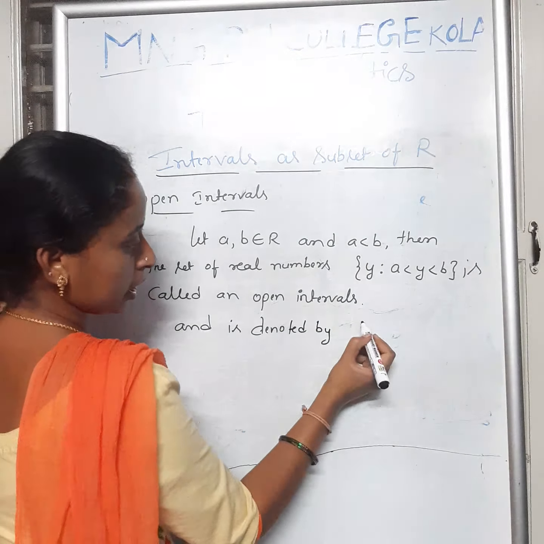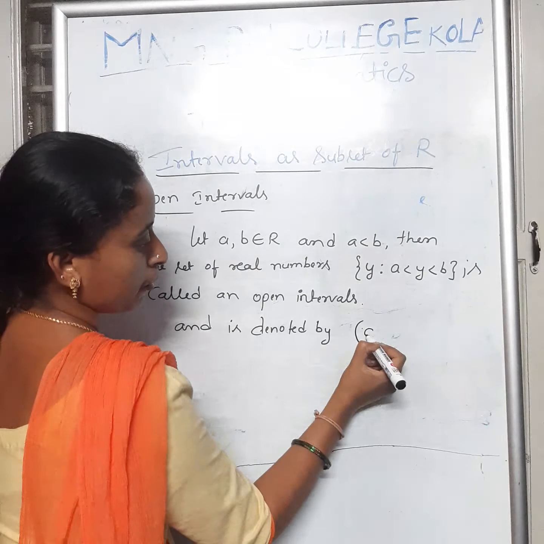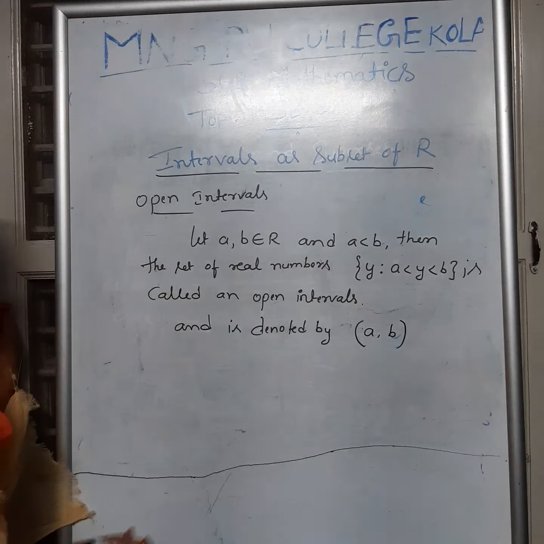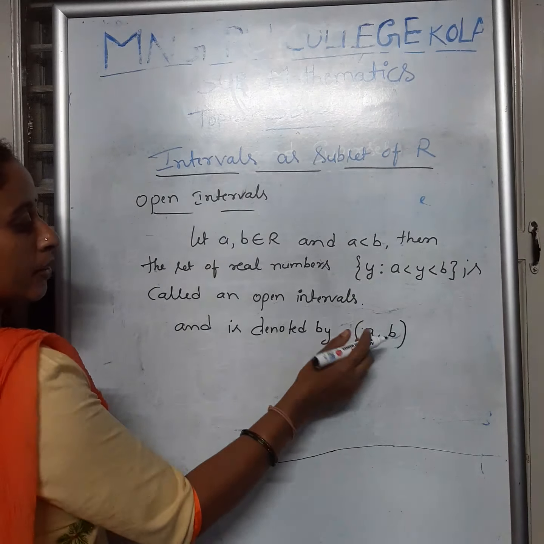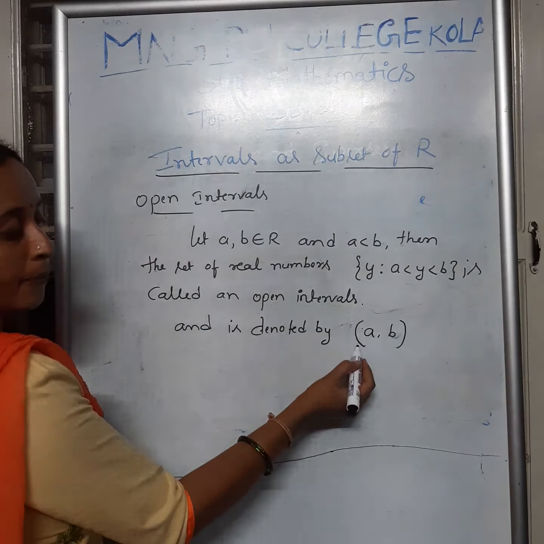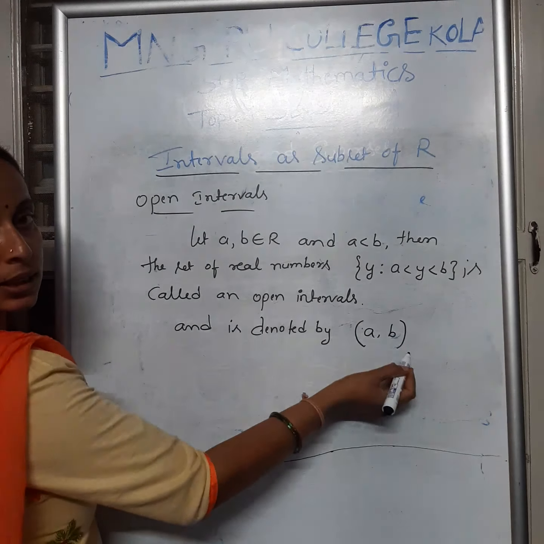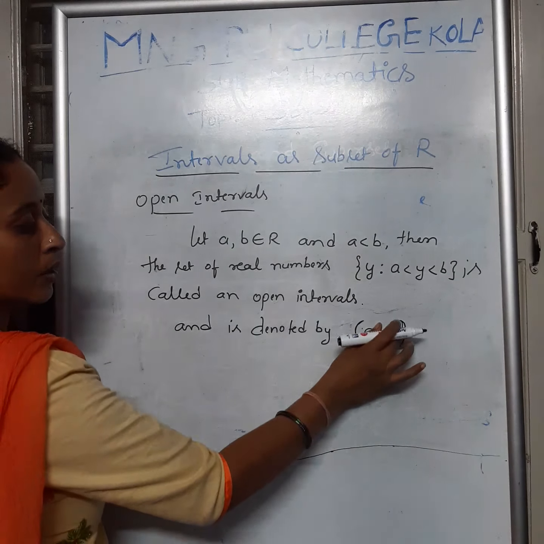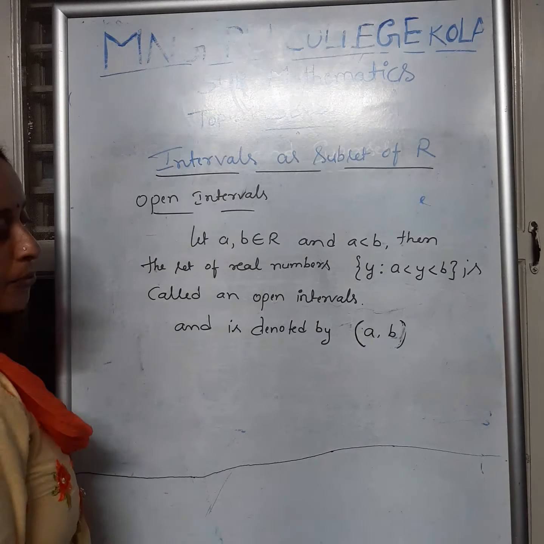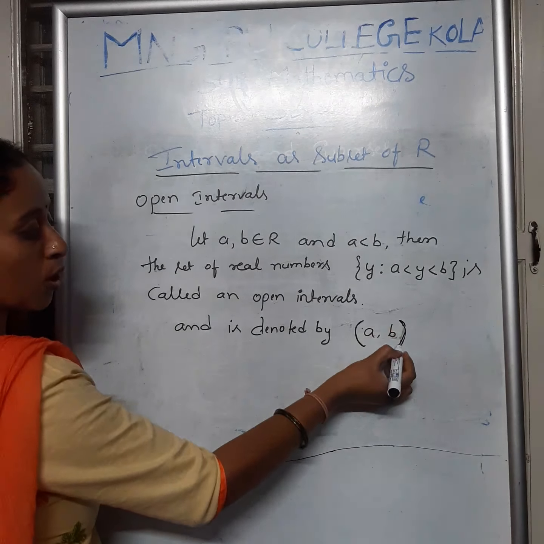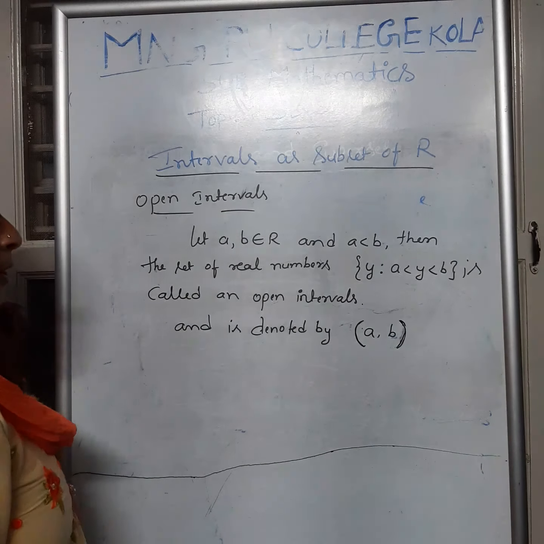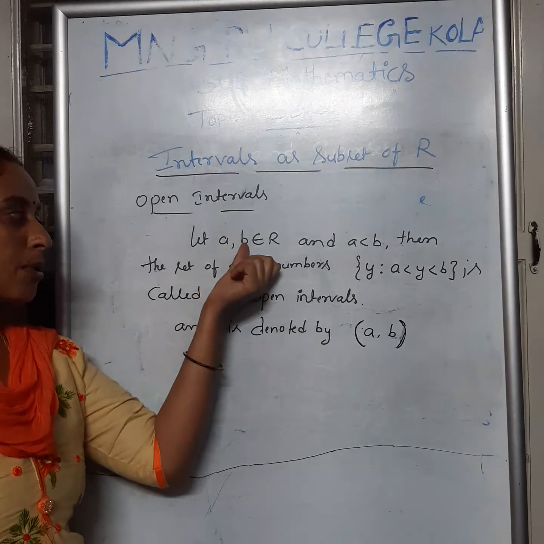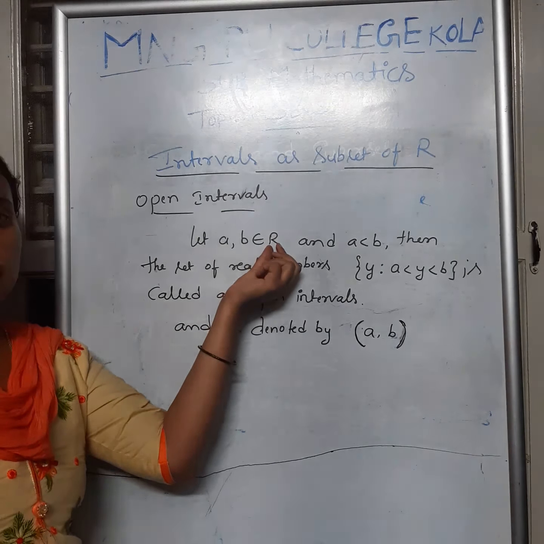The open interval is denoted by a pair of brackets, a comma b. So the open interval is denoted by round brackets, (a, b), and this is called an open interval. So let a, b belong to R. This (a, b) contains some real numbers.